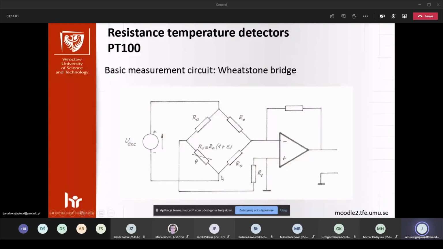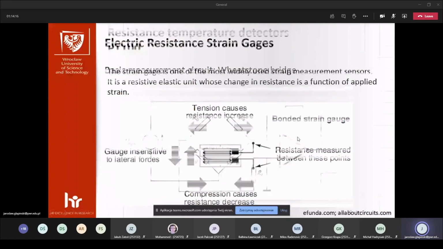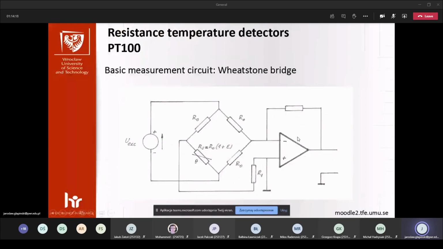If we divide it by 2, we get half of the power supply here and half of the power supply here, and we can use a differential amplifier to measure the difference.